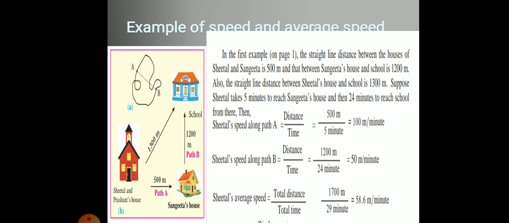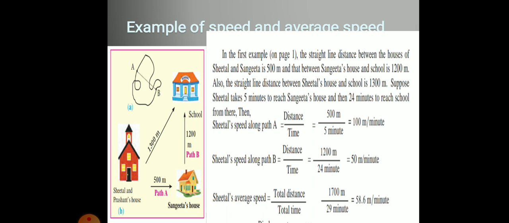So the speed of Sheetal along path A is equal to the distance traveled by Sheetal divided by the time required to cover that distance, which is equal to 500 upon 5 minutes, which is equal to 100 meters per minute. Now, Sheetal's speed along path B is equal to distance upon time, which is equal to 1200 divided by 24 minutes, which is equal to 50 meters per minute.